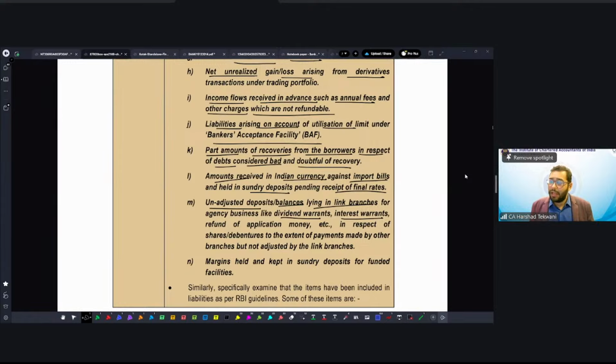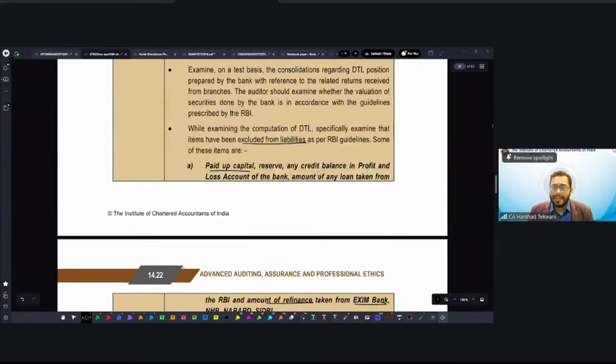The balance is there, which is yet to be adjusted, but it is lying with the other branches. So do not count that also as a DTL. Margin kept or held in sundry deposit for funded facilities. Again, these are the margins. These are not something you are required to pay back. So that's why also do not count this as a DTL. So these are required to be excluded from the DTL.